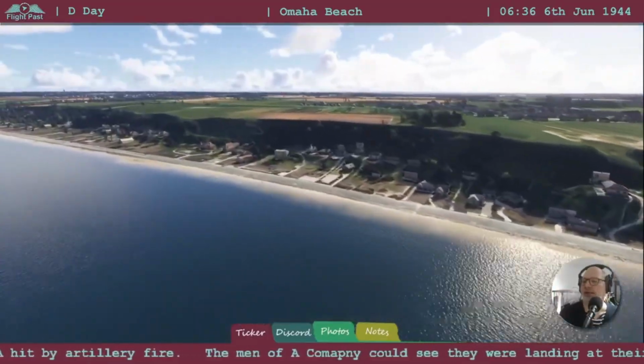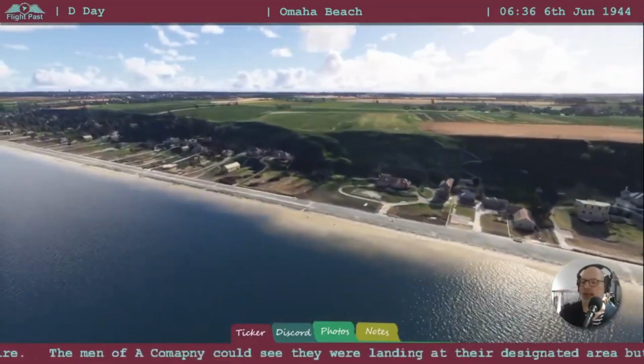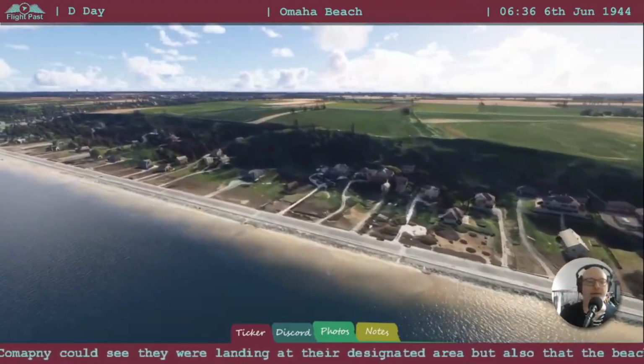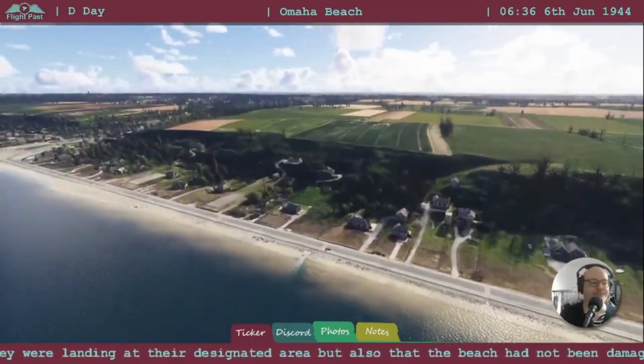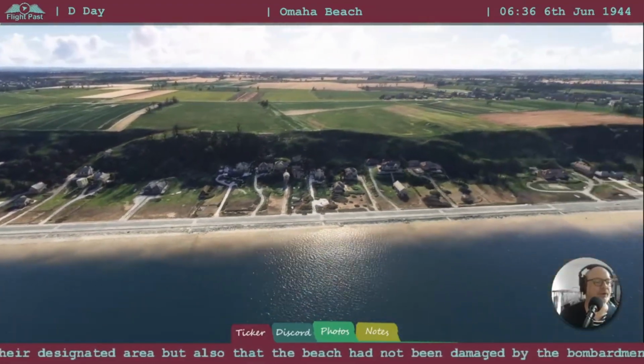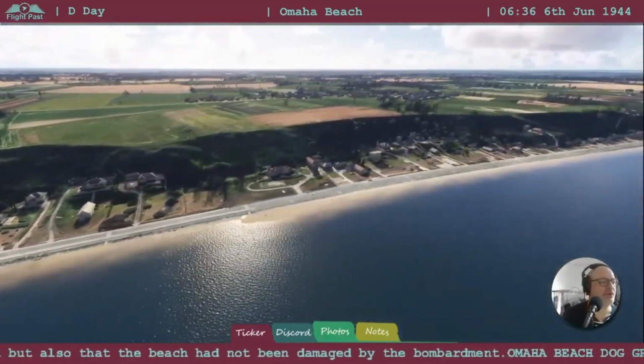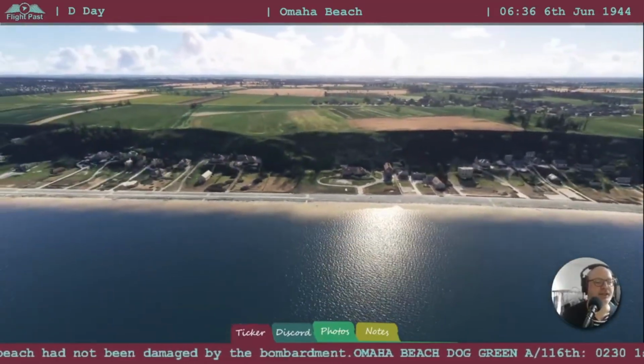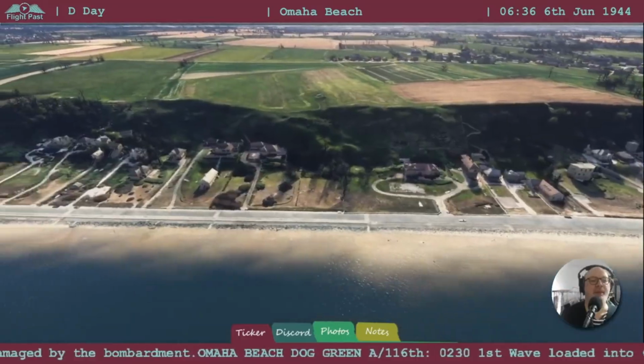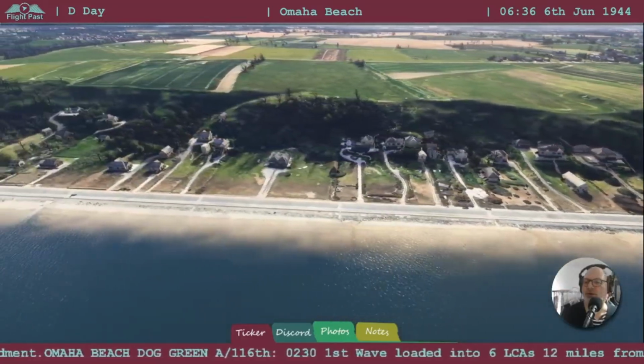The other draw is called Les Moulins, and I'll just briefly go along. So that was Dog Green up here. This section here is Dog White, and this section here is Dog Red.